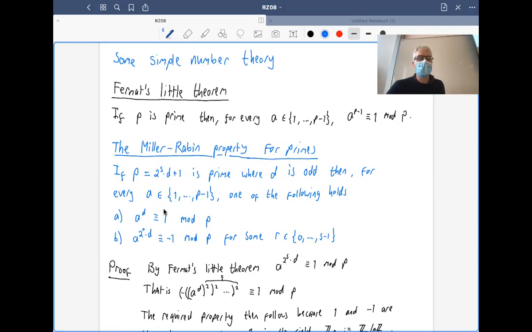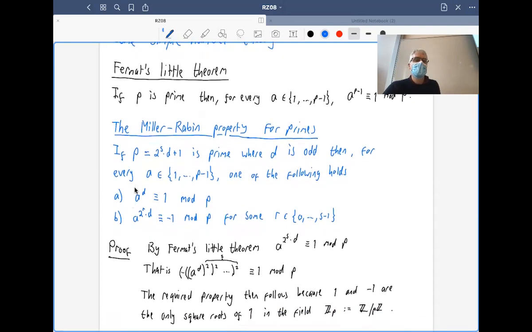And this more subtle property is that, if we're testing a number for primality, we're interested in large numbers, so it's enough to restrict to odd numbers, because the only even prime is 2.